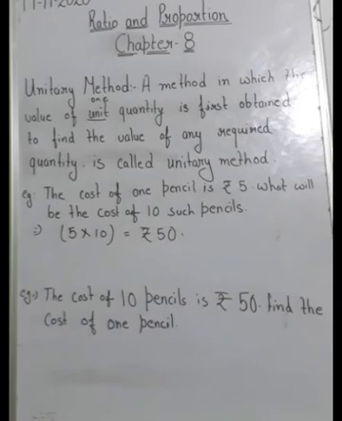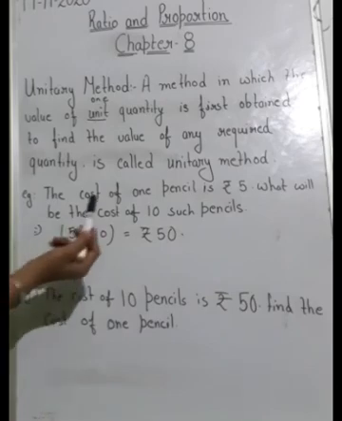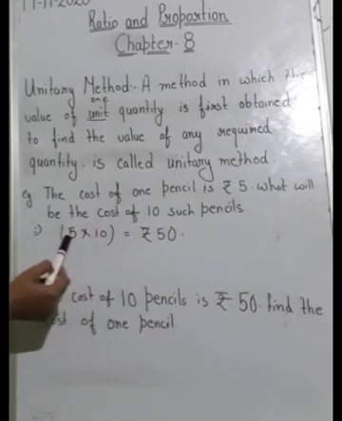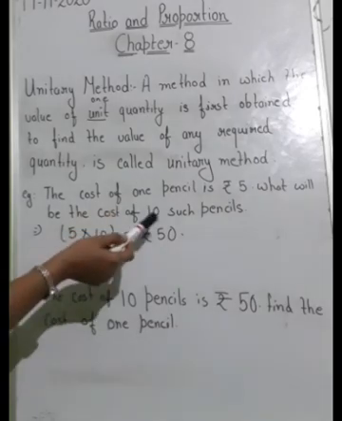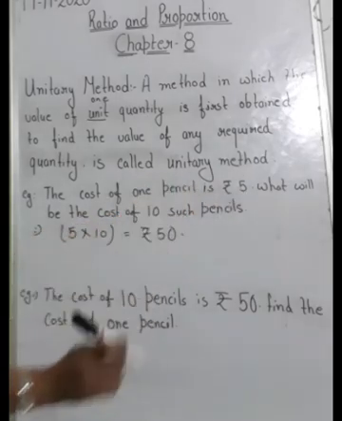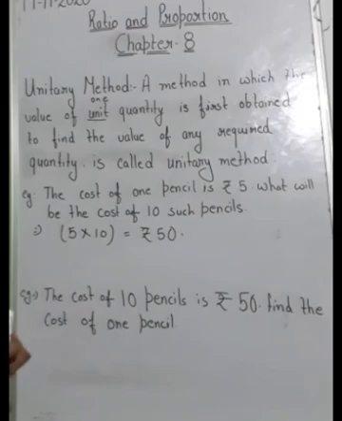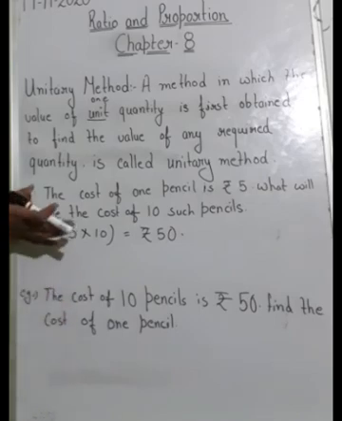This is clear? So we have learned how we are going to find the cost of more items when we know the cost of one item. Now how will we find the cost of one item when we know the cost of many? So here I have done another example, just the inverse of this.